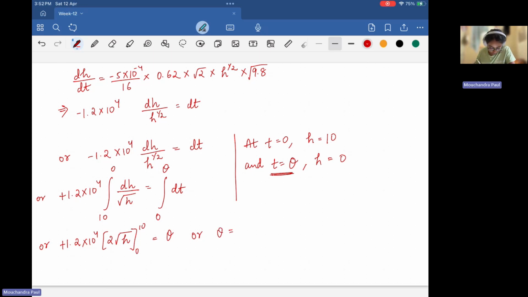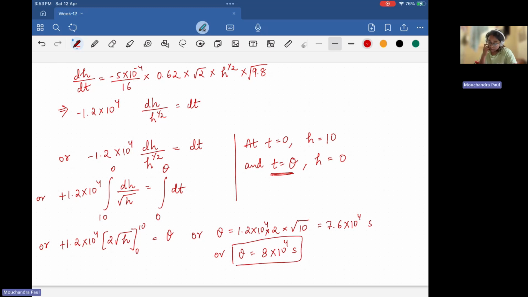Or theta is equals to, it becomes 7.6 into 10 to the power 4 seconds, or close to 80,000 seconds.